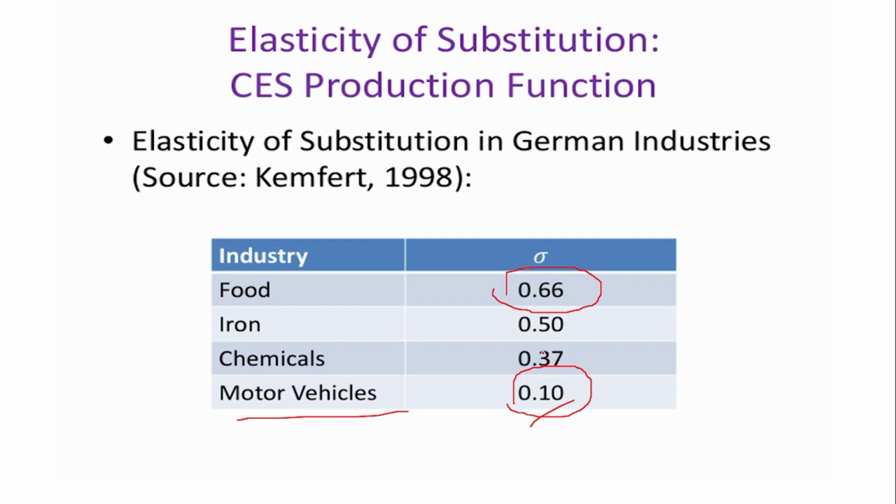As we have learned, sigma indicates the difficulty or easiness of how we can substitute labor and capital for each other, nothing else. Okay, thank you everyone.